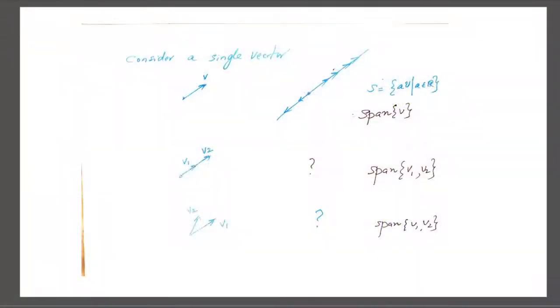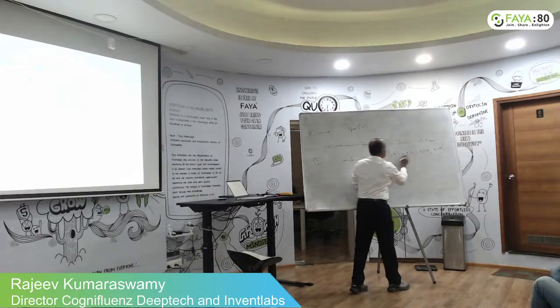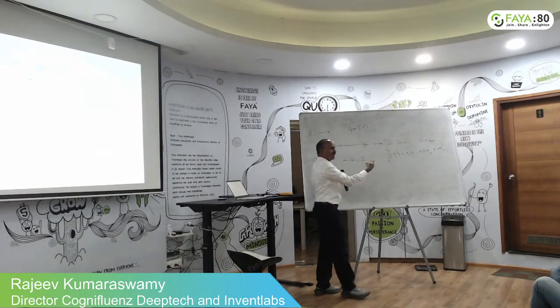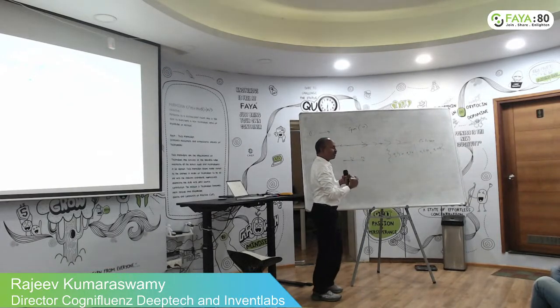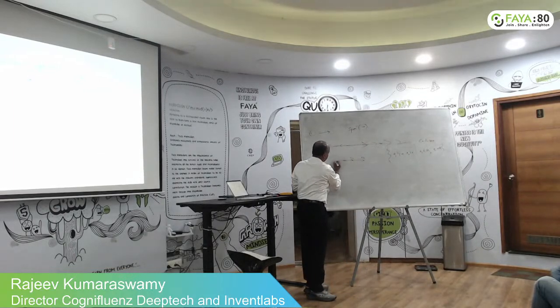Same, because they're collinear, isn't it? Because however you combine v1 and v2 as a1 v1 plus a2 v2, where a1 and a2 are elements of the real numbers, you take any two real numbers, scale and add all combinations. For all combinations of a1 and a2, you will only get this line.